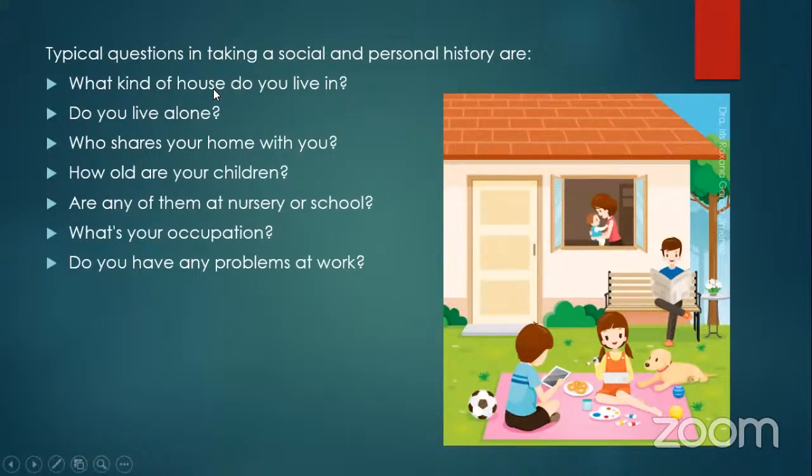What kind of house do you live in? Do you live alone? Who shares your home with you? How old are your children? Are any of them at nursery or school? What's your occupation? Do you have any problems at work?